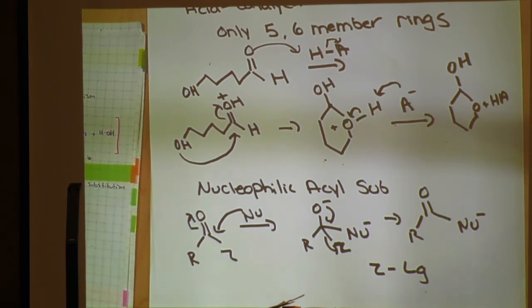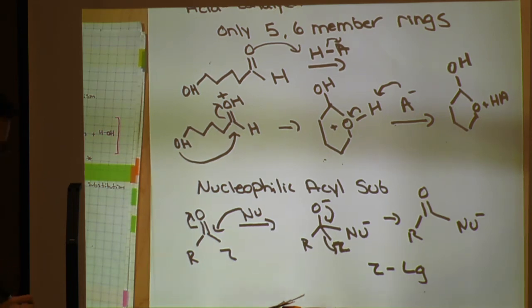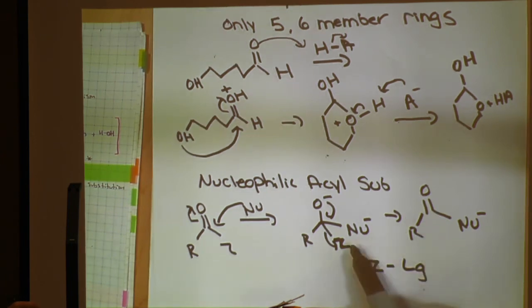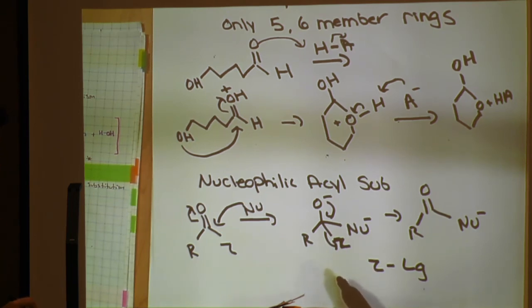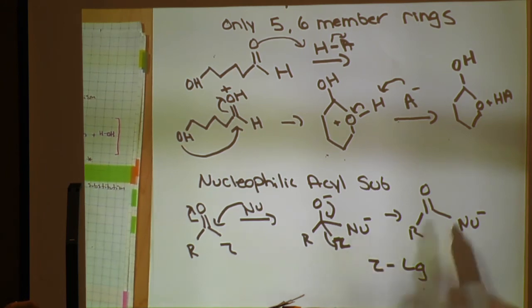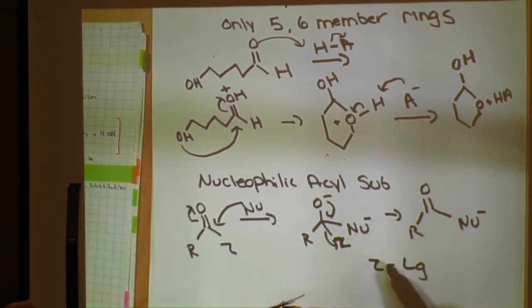The more reactive the leaving group is, the better. For example, if our nucleophile is chlorine while our Z group is, I don't know, hydroxide, at that point chlorine's just going to leave again, and we're just going to be left with the carboxylic acid again, which means nothing really happened.